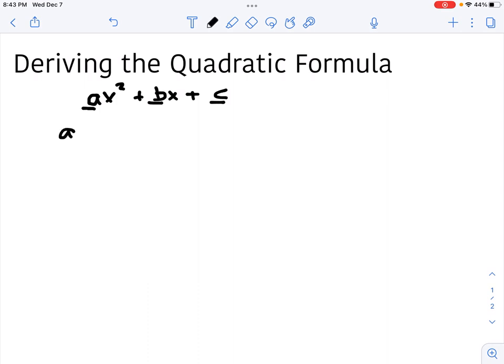So let's say that we're dealing with this equation, this ax squared plus bx plus c, and we're saying it's equal to 0, right? And we want to solve for it, but it's not factorable, and so we decide we're going to complete the square, right? And so we have that whole process that we do with completing the square.